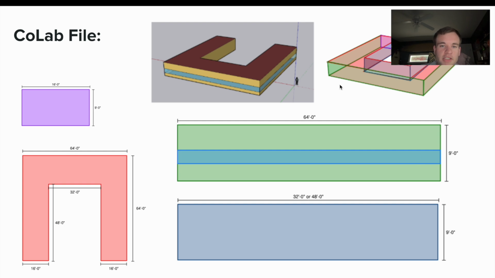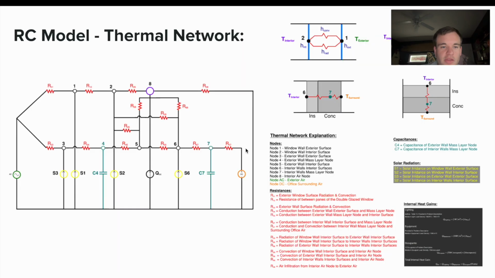In Colab, I just analyzed the 3rd floor, so I defined all these different wall types into the Python code using the RC thermal network. For the thermal network, each wall type had a mass load layer and then the surface nodes, very similar to how we did it in class, where it's really all the different resistances through the walls between the outside temperature and the interior temperature.